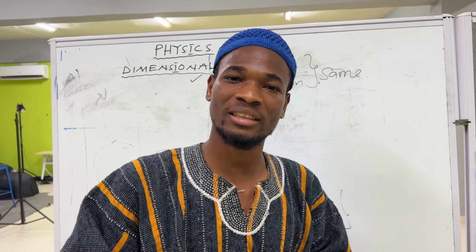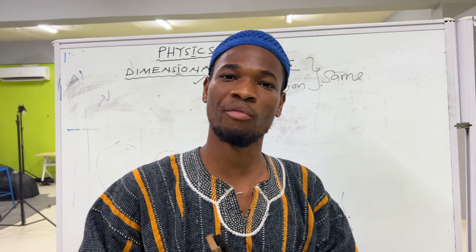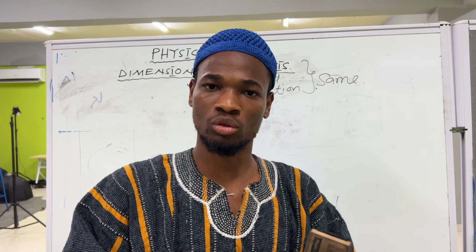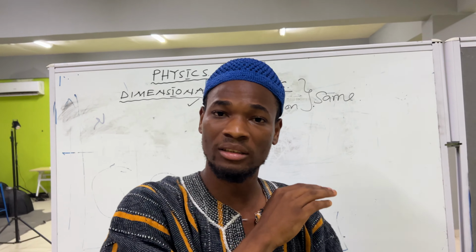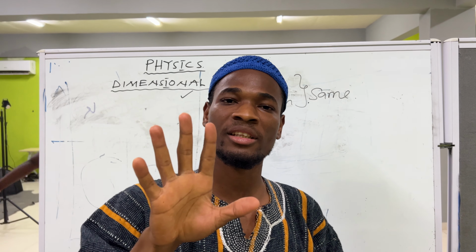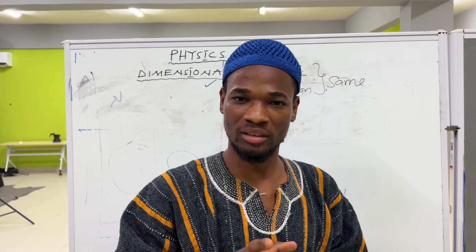Then we'll add the others, like the derived quantities. Before you understand how to take the dimension of a derived quantity, you should understand well the dimension of basic quantities. Are you okay? Now, we have 7 independent quantities, or 7 basic or fundamental quantities.